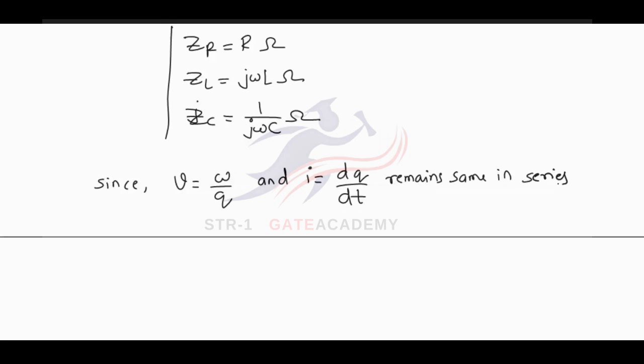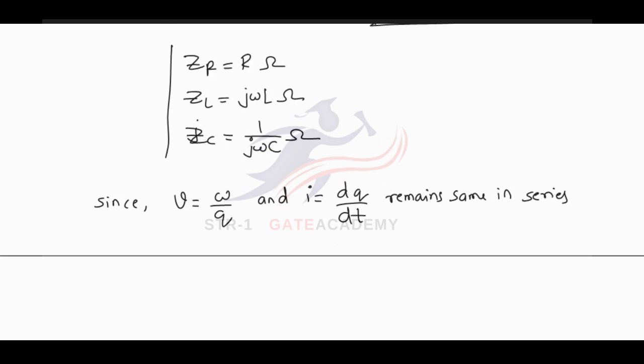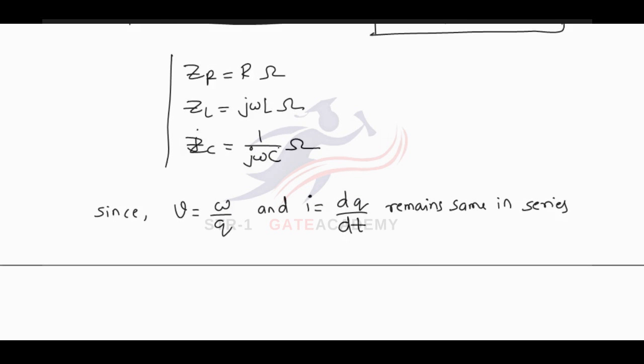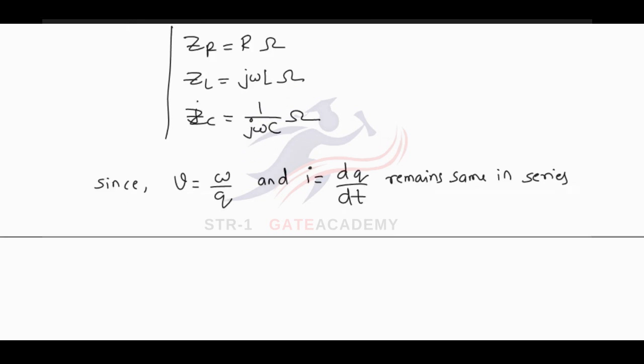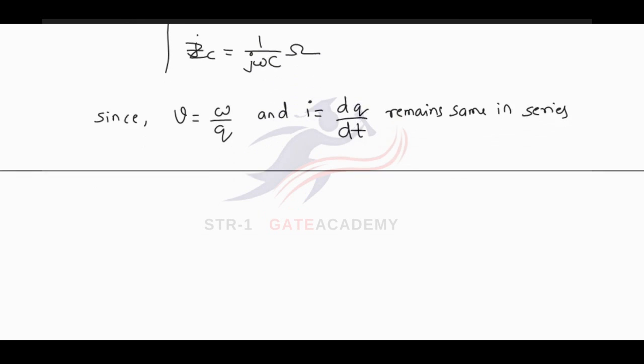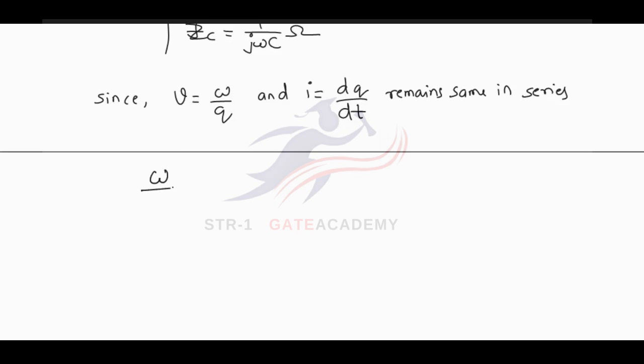Now if I substitute this in the previous equation, I'll get W by Q is equal to WR by Q plus WL by Q plus WC by Q. Since all the elements are in series, I have not changed the charge, because in series the current is the same and hence the charges are the same.